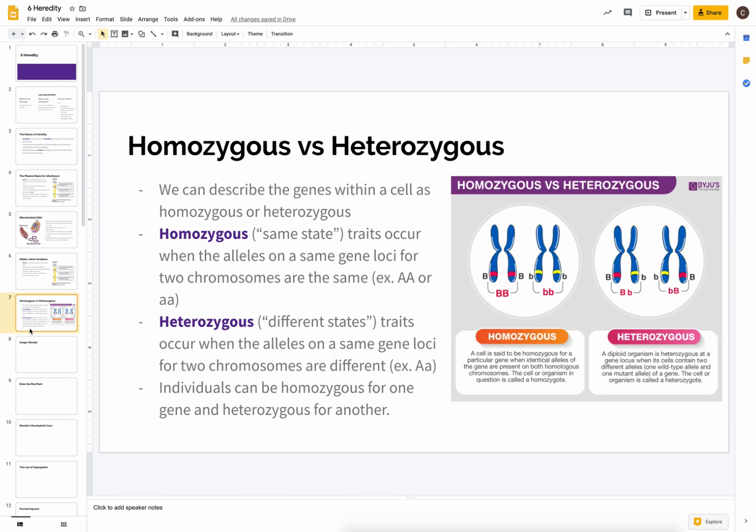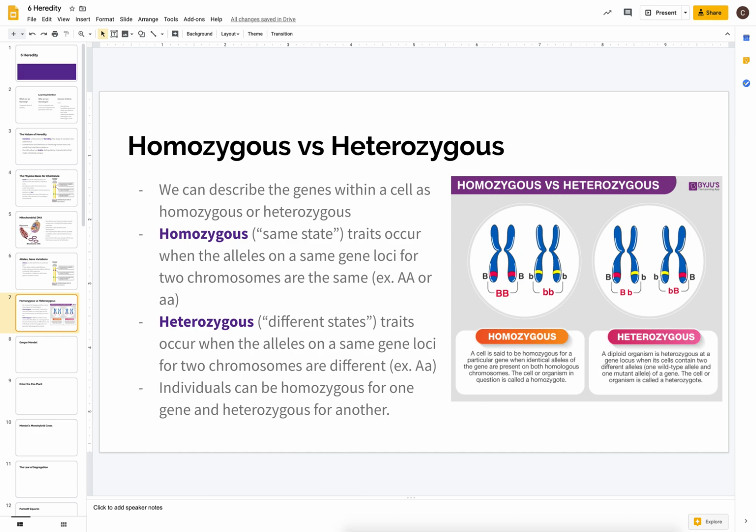And we do have some ways to describe this as well. We can describe genes as being homozygous or heterozygous. What homozygous means, it roughly translates to same state. Homo here meaning same. Zygous actually means yolk, but we use it to mean state in biology. If a gene is homozygous, what that means is that that gene is the same at both loci within an individual.